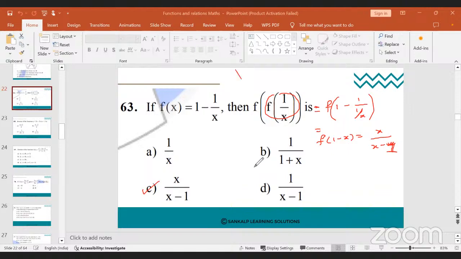Some of you are giving the answer as D. The difference between D and C is here. X upon x minus 1 is the correct answer. Please check the answer. Option D is 1 upon x minus 1. Entirely it will get changed. Option C is the correct answer.